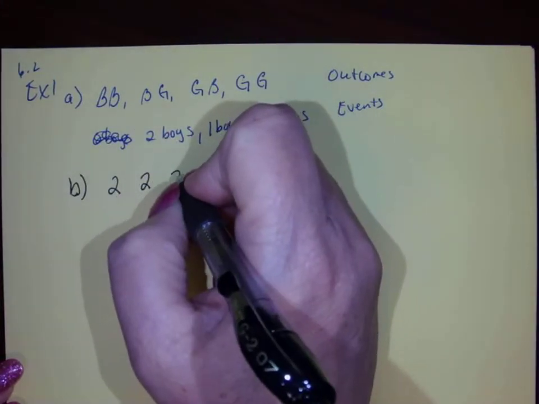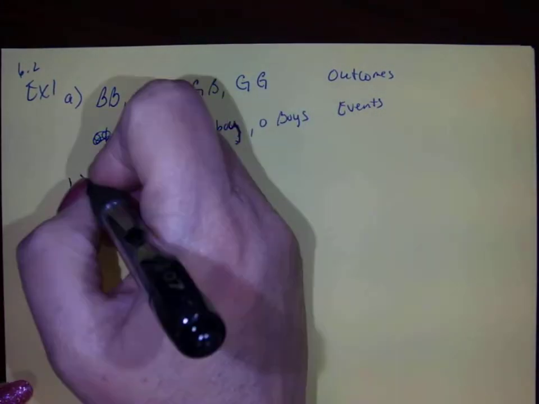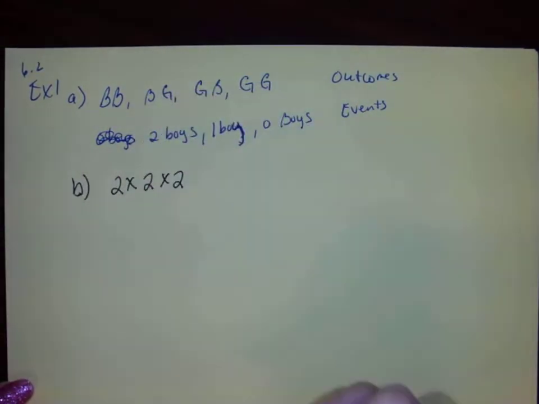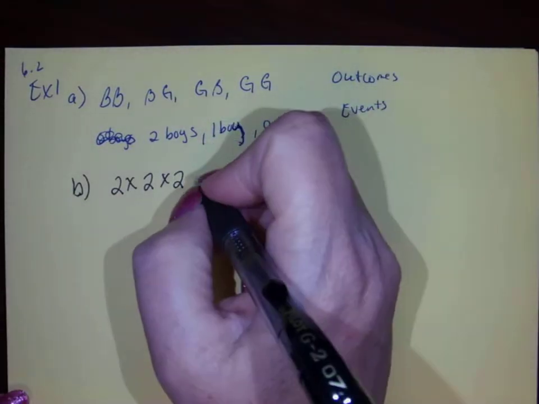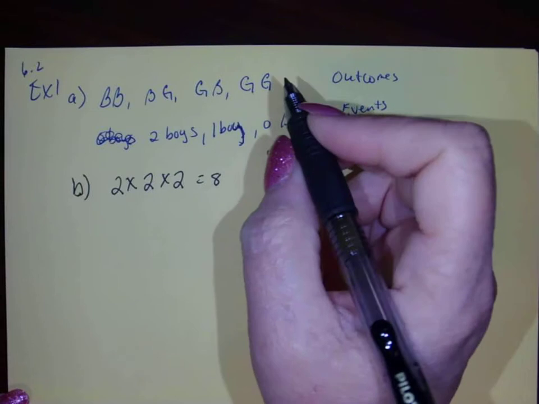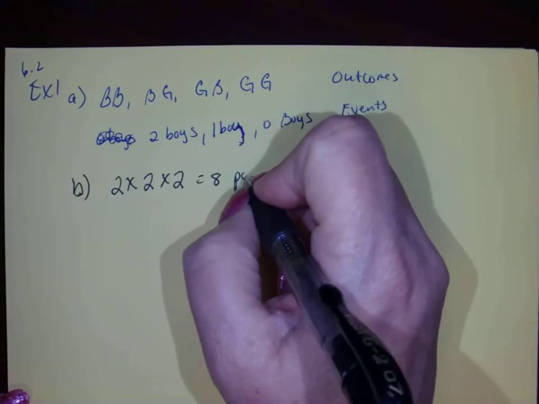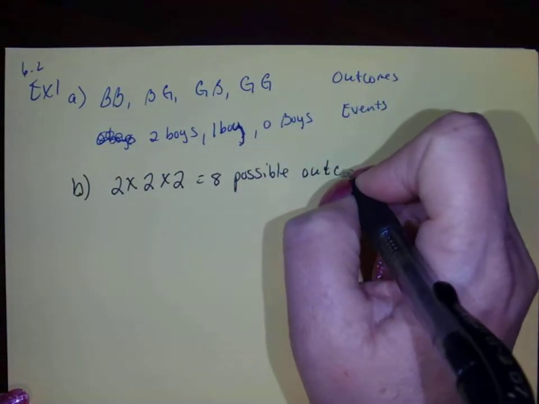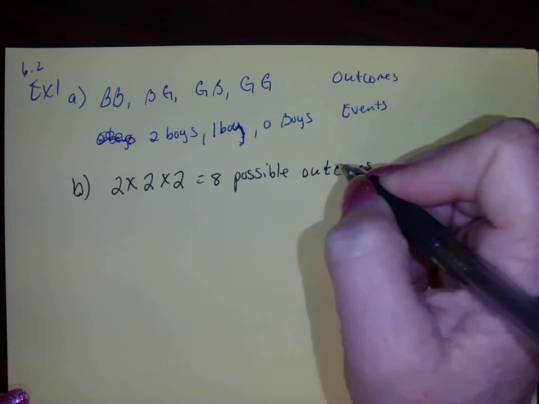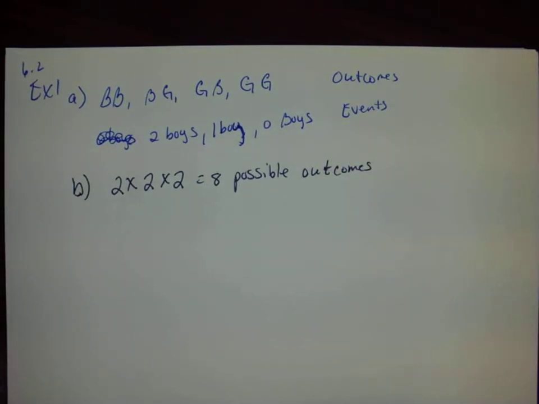And for a third baby, there's 2. To find the total possible, we're going to multiply that. Earlier we flipped coins and found that 2 times 2 got us 4. In this case, 2 times 2 times 2 will get us 8 possible outcomes. Knowing that will help you know what all the possible outcomes are.